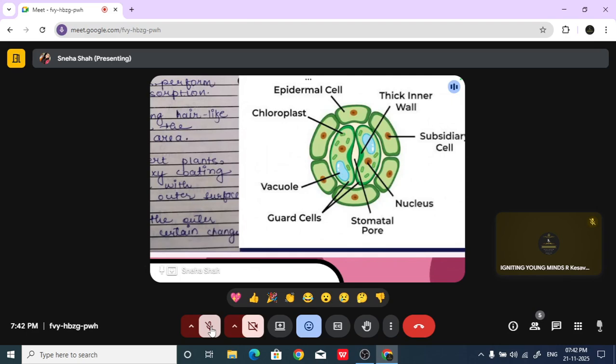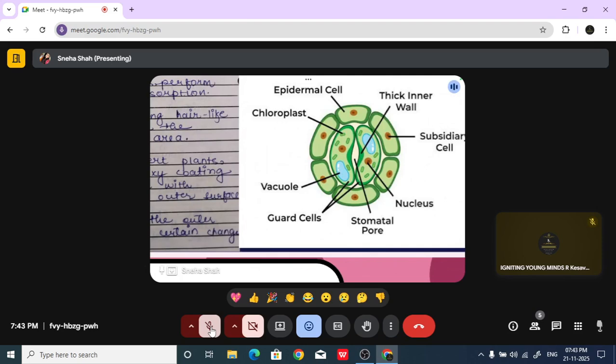During daytime they take in oxygen, during night they take in carbon dioxide, I'm sorry, during nighttime they give out carbon dioxide. I hope you know that plants also respire by taking in oxygen and giving out carbon dioxide, but only during the daytime when sunlight is available they perform photosynthesis, and hence they need carbon dioxide for that.